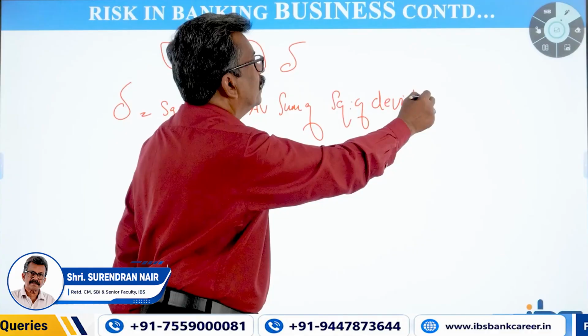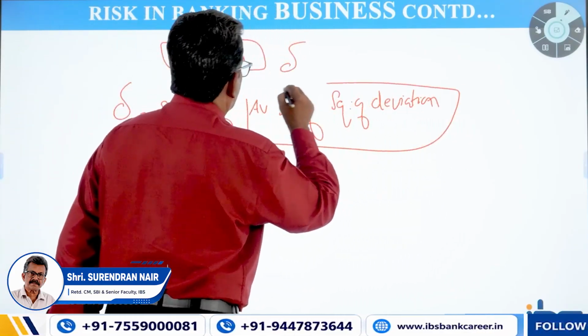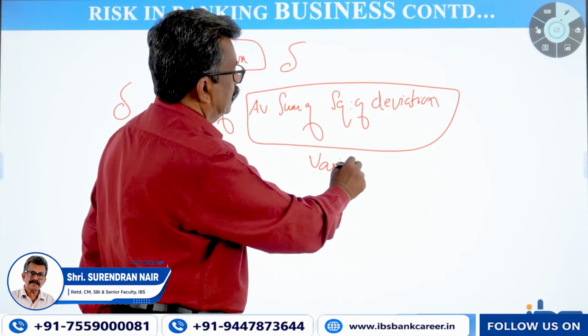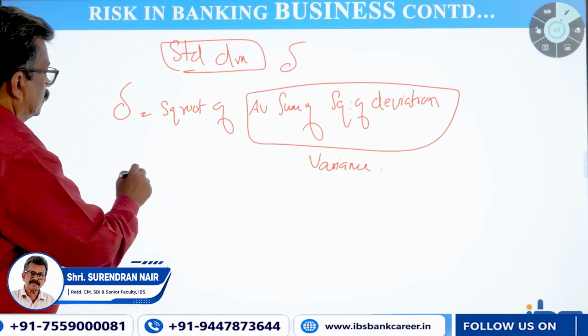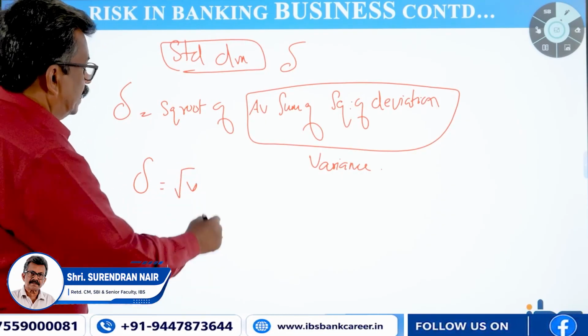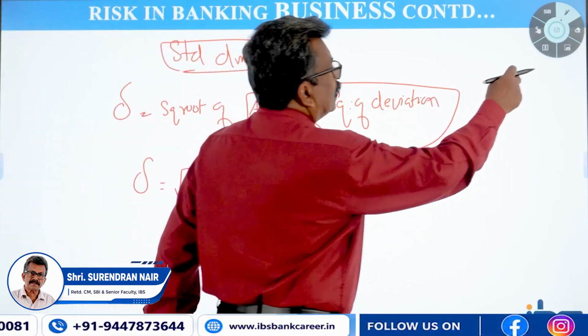This is the formula for standard deviation. This average sum of square of deviation is called variance. So standard deviation is equal to the square root of variance. Variance is the average sum of these variations.